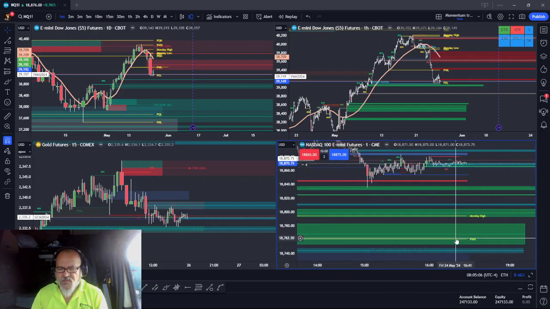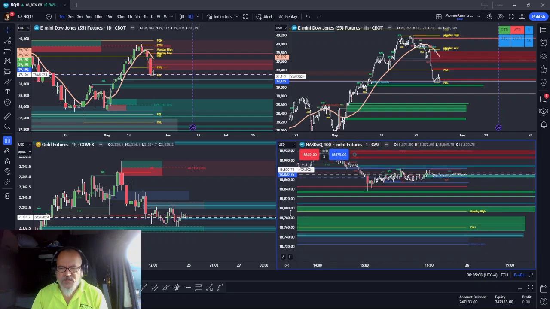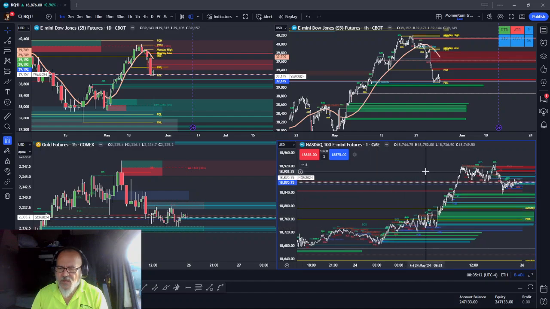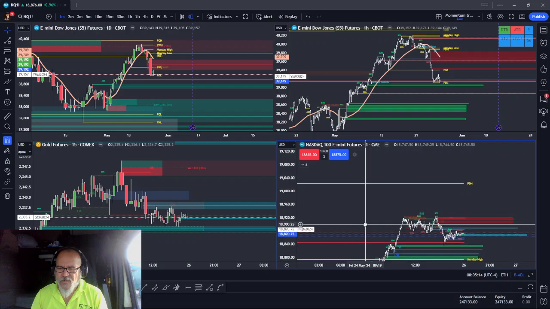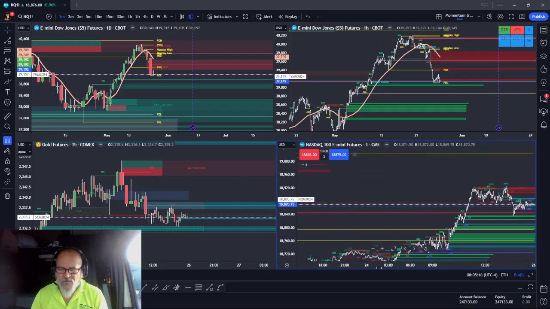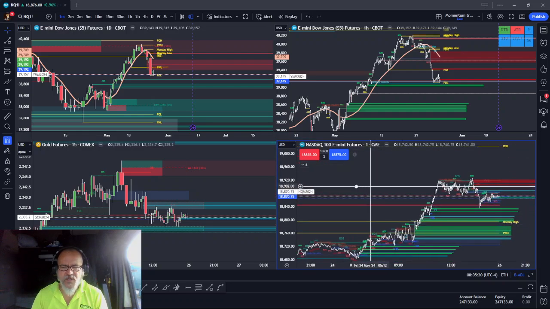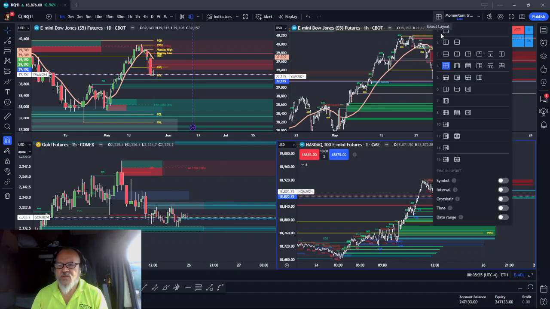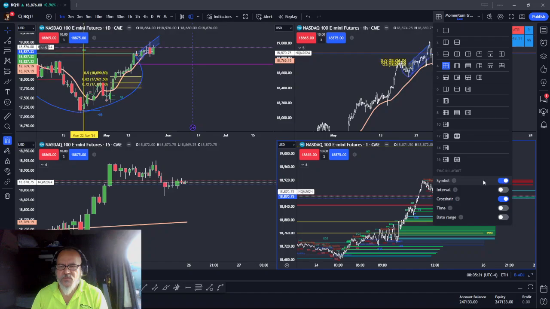Yeah, we've got some time-based liquidity just below this on the 1-minute. And if we squeeze that, really, that's all we can squeeze. Okay. And I need to redo my crosshairs and symbols.